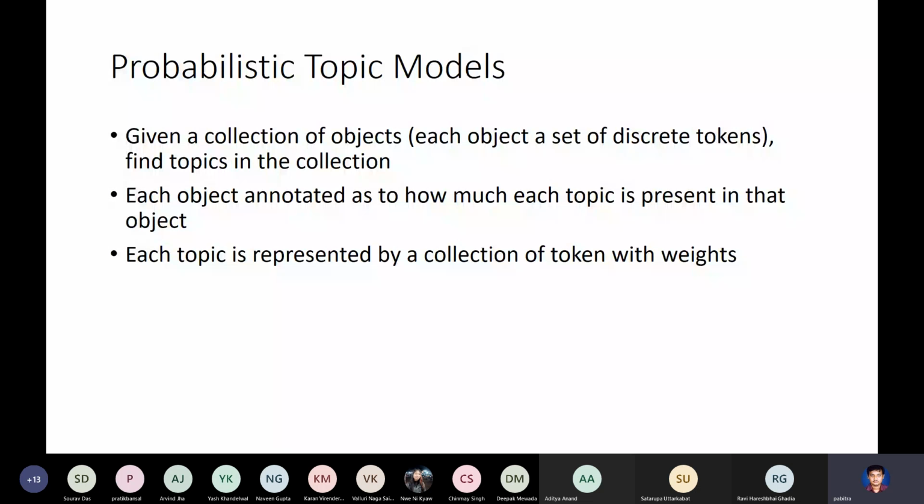And there are hypothetical or latent topics or themes associated with each document, associated with each object. A typical example is if we go to the library, you take a book as a document, all the words in the book are the tokens, and each book has some subject, some theme or some classification attached to it.